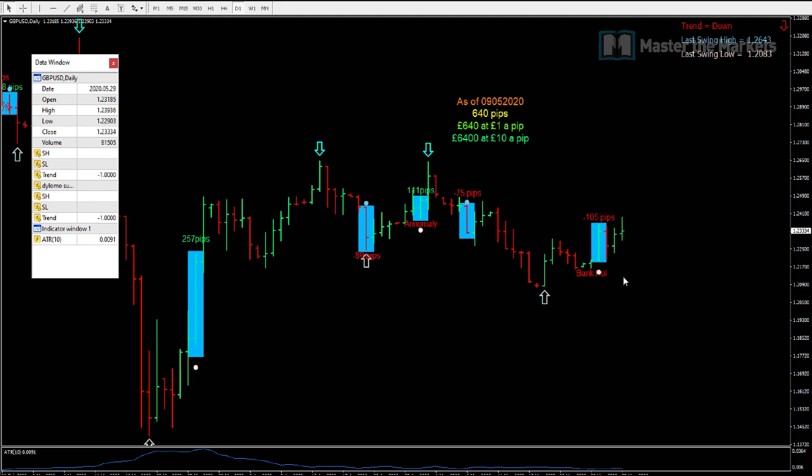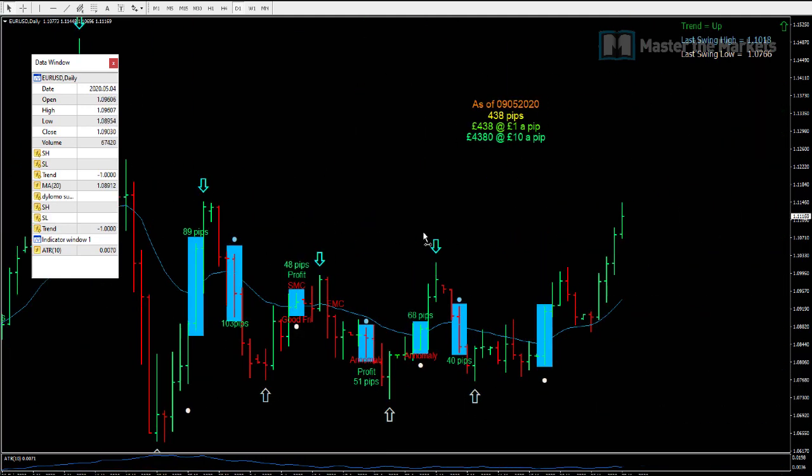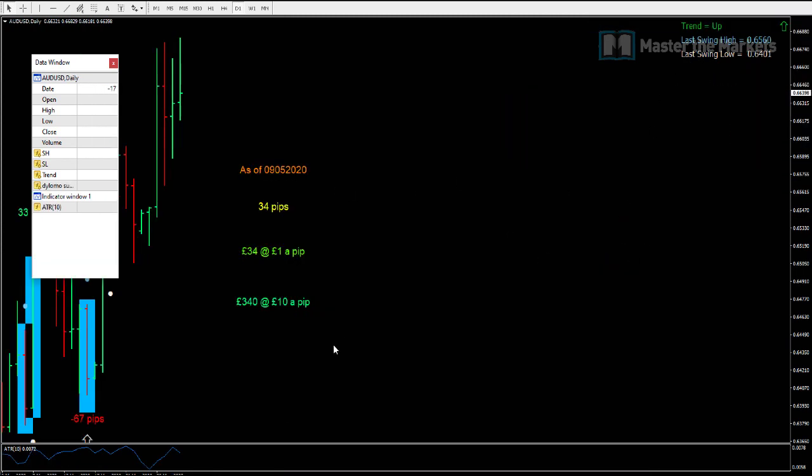Cable, on the other hand, has taken out this bar's high, still in its upward bottom to top move over here in a downtrend. Euro dollar, you can see, still a very strong trend here, bottom to top, uptrend.